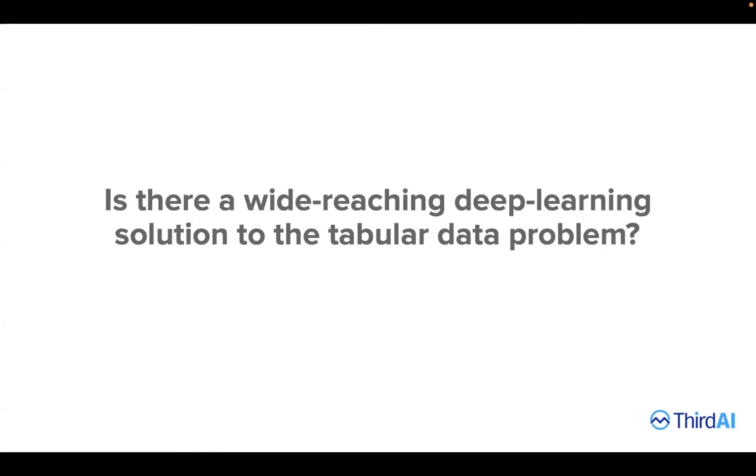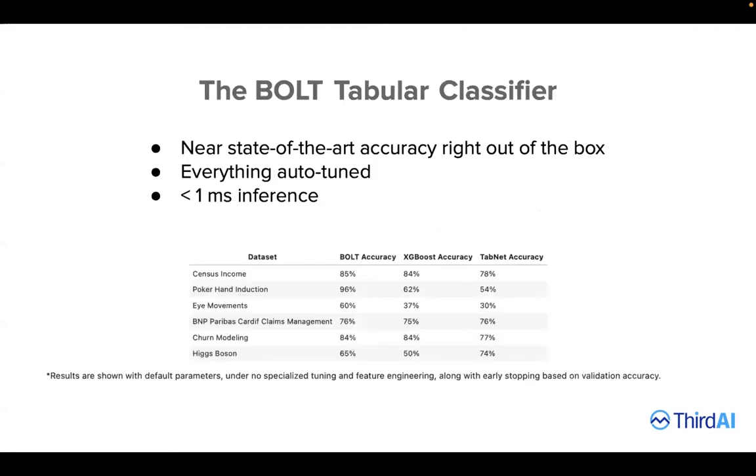We're excited to announce that we've received some very exciting results, and enabled by our Bolt engine and our sparsity knob, we've introduced the Bolt tabular classifier. So this is a push button classifier. Everything's auto-tuned and it reaches near state-of-the-art accuracy right out of the box with minimal hyperparameter tuning.